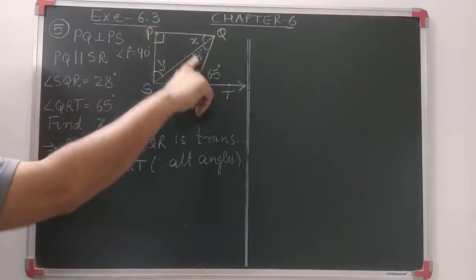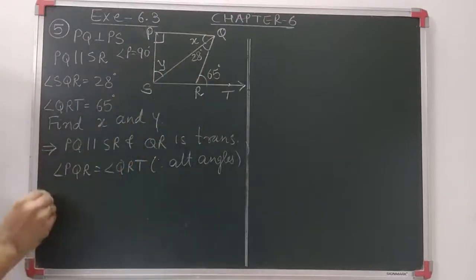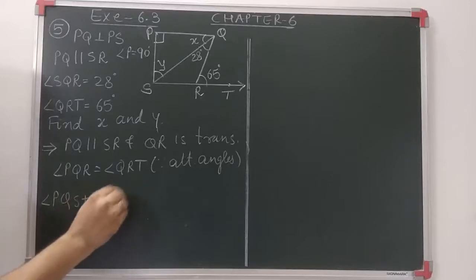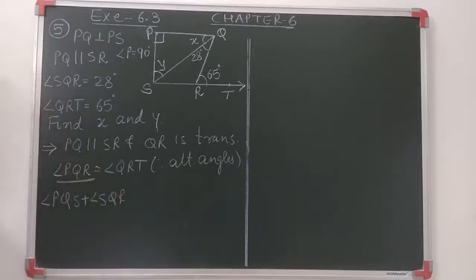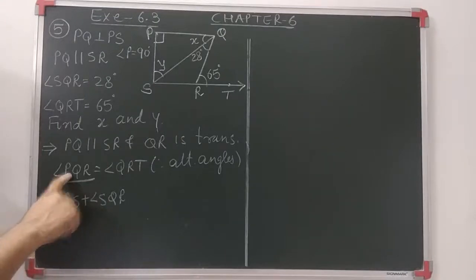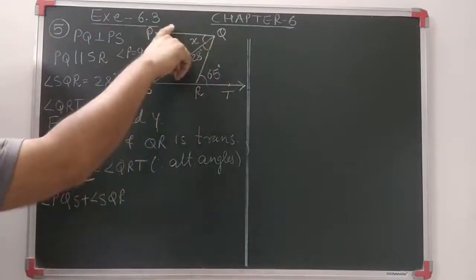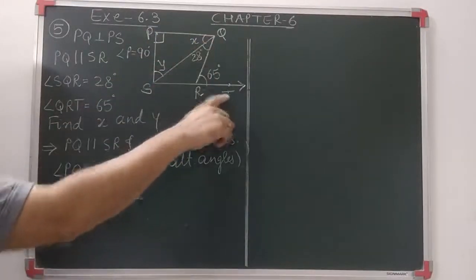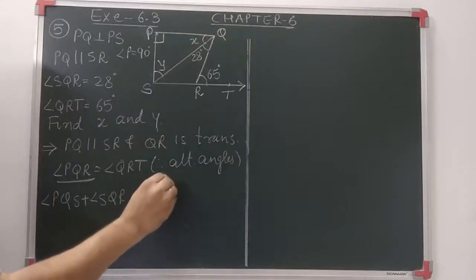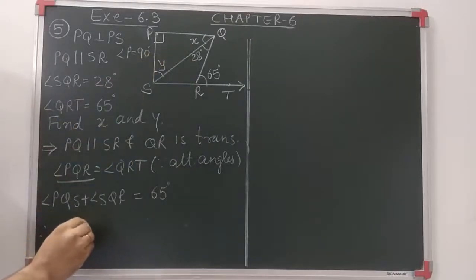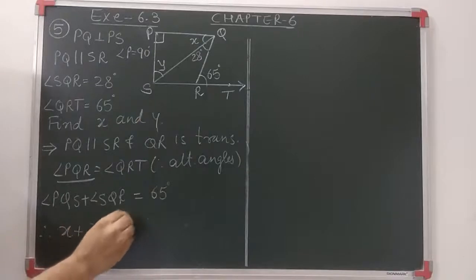Now look at this diagram very carefully. PQR is the sum of these two angles. Let me note it down: PQS plus SQR. These two are adjacent angles, and the sum of these two is equal to PQR. QRT is 65 degrees. Now of these two angles, PQS, as mentioned, is X, and SQR is given in the question as 28 degrees.